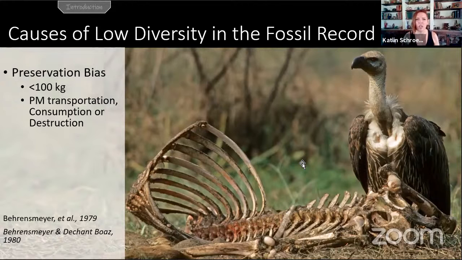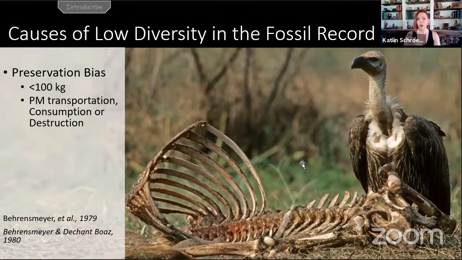So what's getting preserved? And they showed that species on the African savanna that die, that have masses less than 100 kilograms, so about 200 pounds, animals smaller than that are the ones that are most frequently transported, consumed, or otherwise destroyed. And they are therefore the least likely to become fossilized because they're getting destroyed before they can really get preserved.